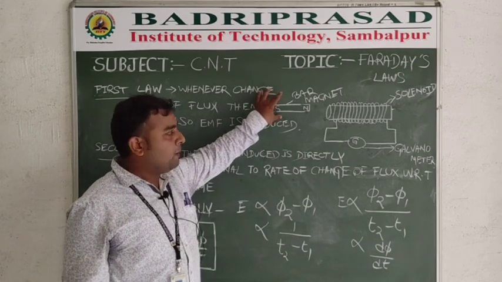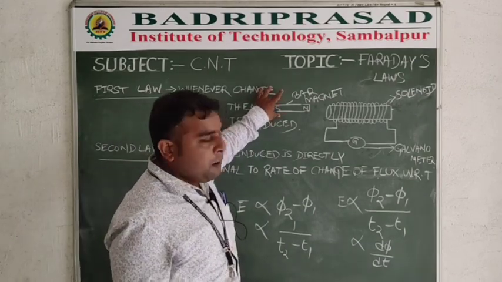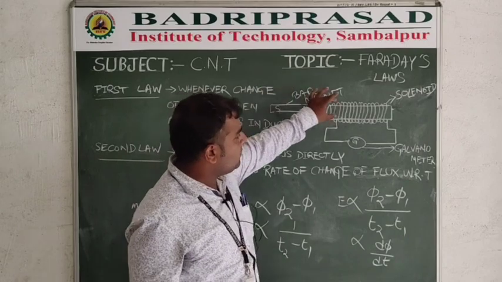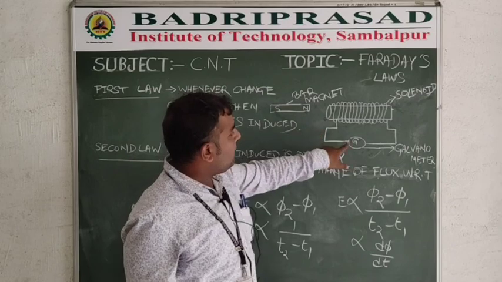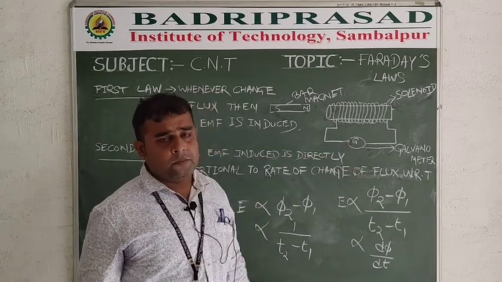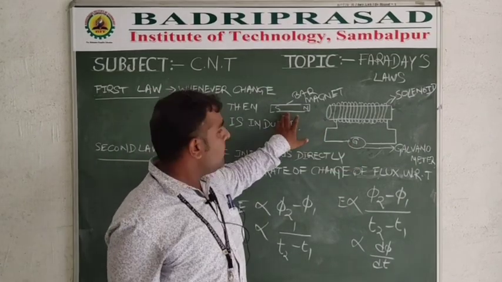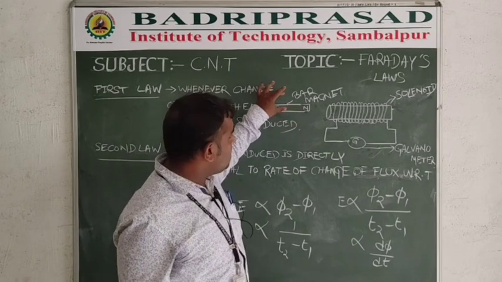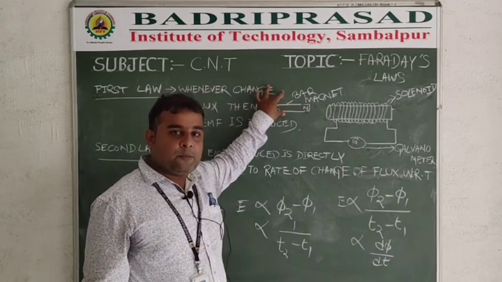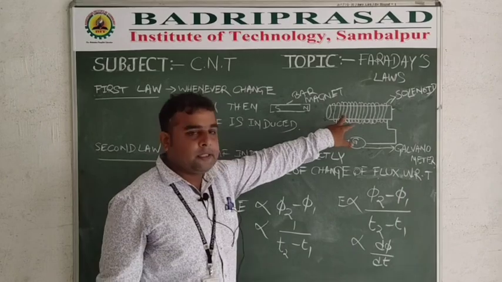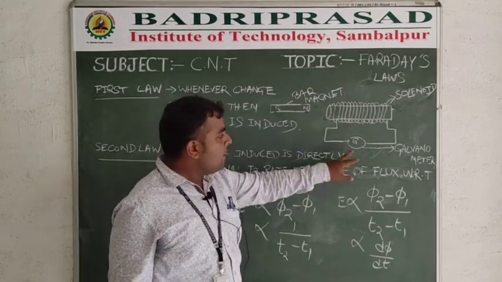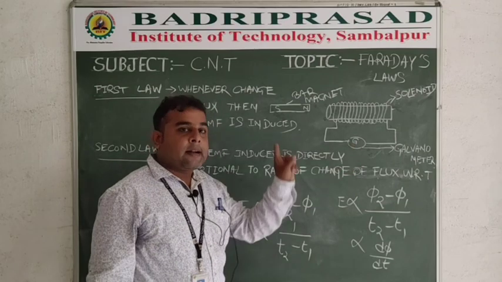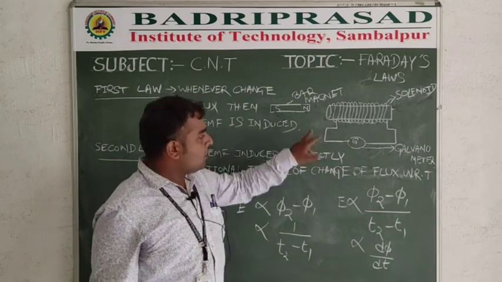When we place the magnet near the solenoid, the galvanometer shows no deflection. But when the position of the bar magnet is changed with respect to the solenoid, that is, the N pole moves towards the solenoid, the galvanometer shows right side deflection.